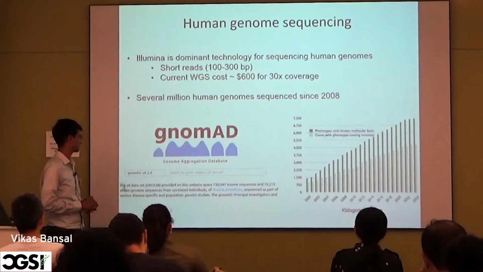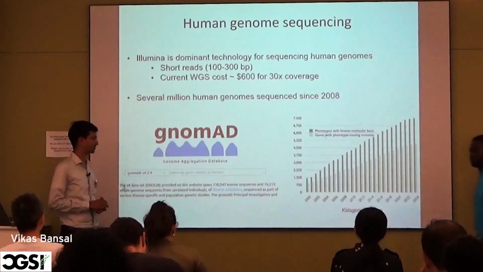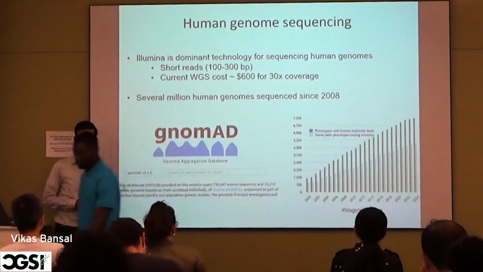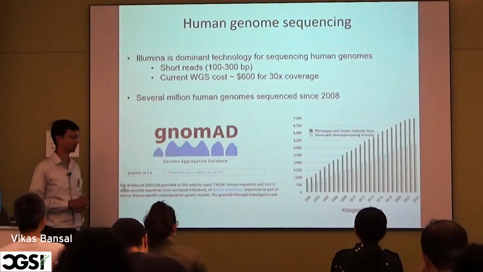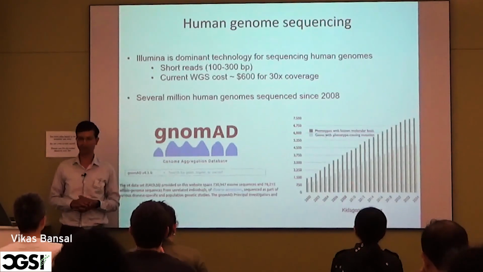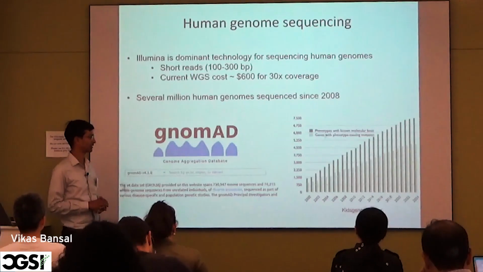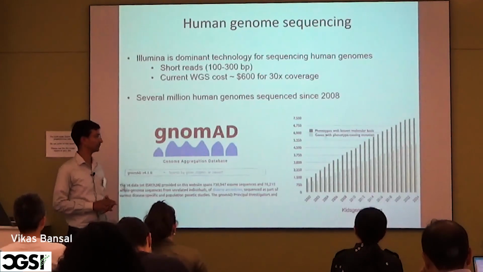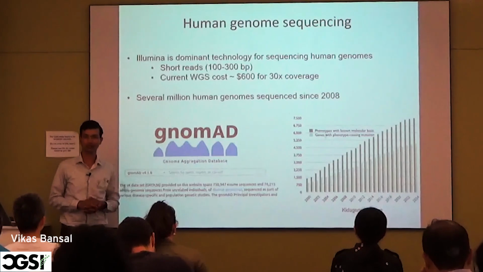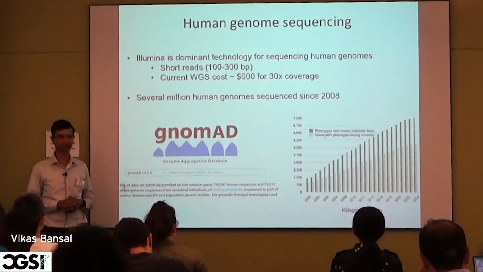The most recent version has variant data from more than 700,000 human exomes and genomes. At the same time, we've also seen a steady increase in the number of phenotypes for which we were able to find the genetic basis.